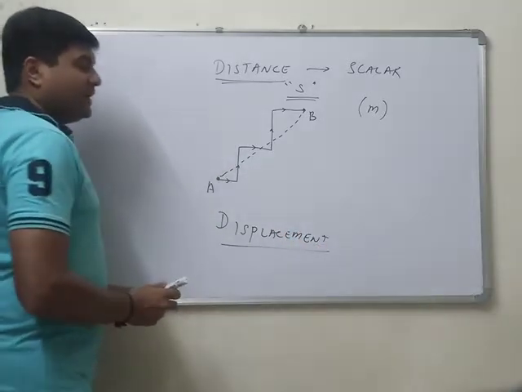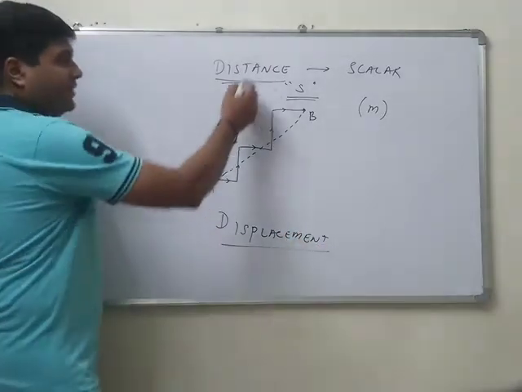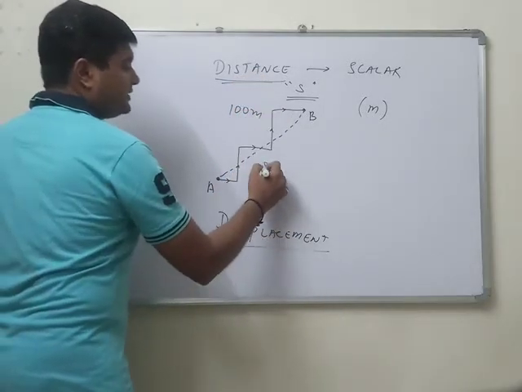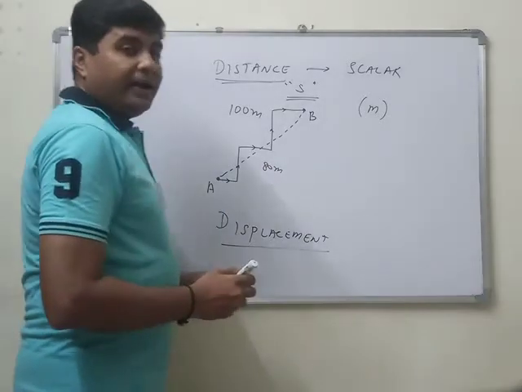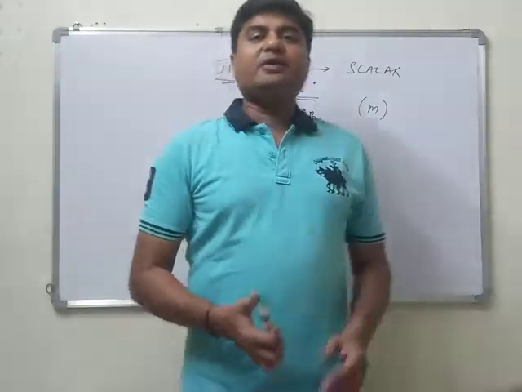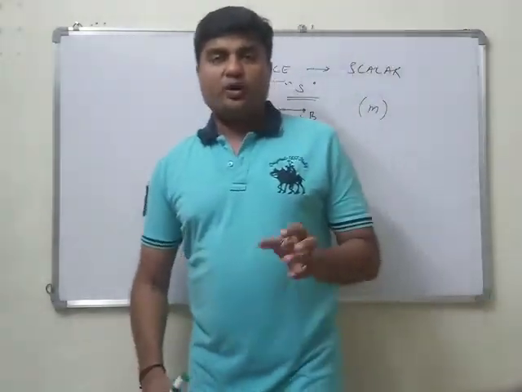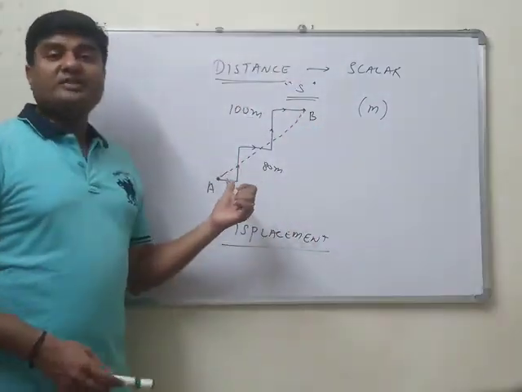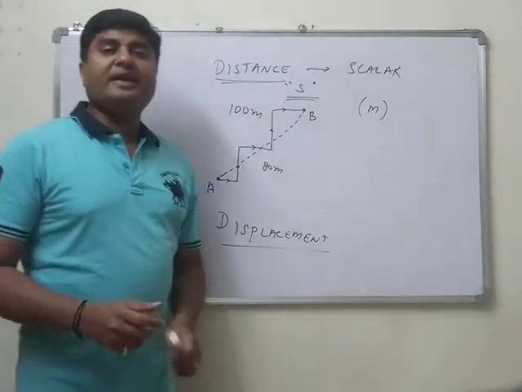Over here, for example, if the distance was 100 meters and the displacement is 80 meters, in case of distance, I need not tell in which direction you have to go because it is following a particular path. But in displacement, I cannot just say that A and B is 80 meters apart.